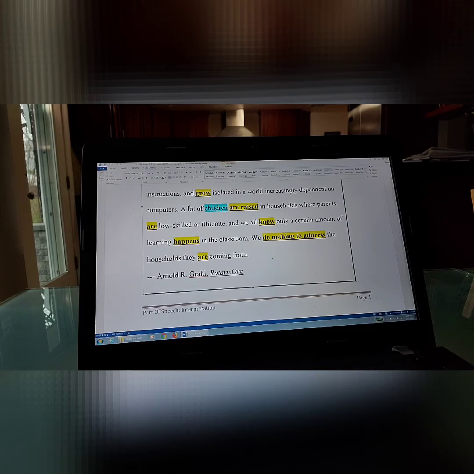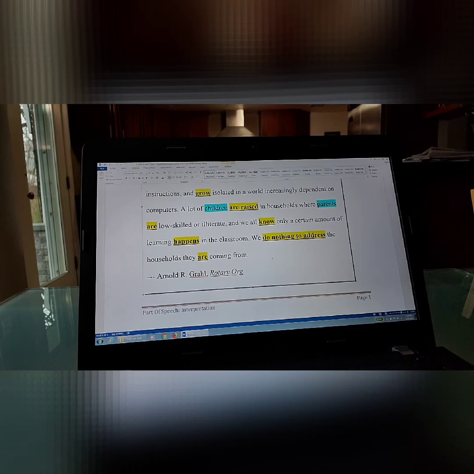In this particular case, is the subject children? No. It says in household where parents are. Wow. Okay. So that means that the parents, right, is the subject right there. All right. So cool. So children are raised and parents are something else. And it says low skilled or illiterate.